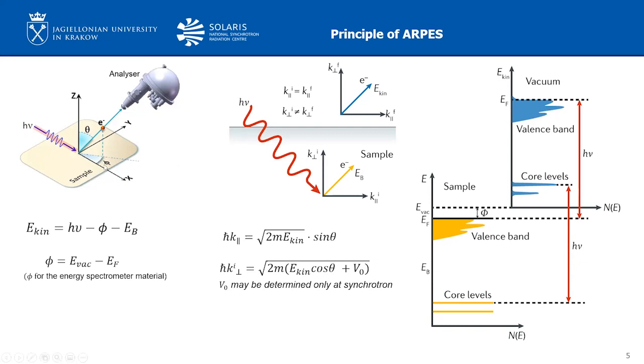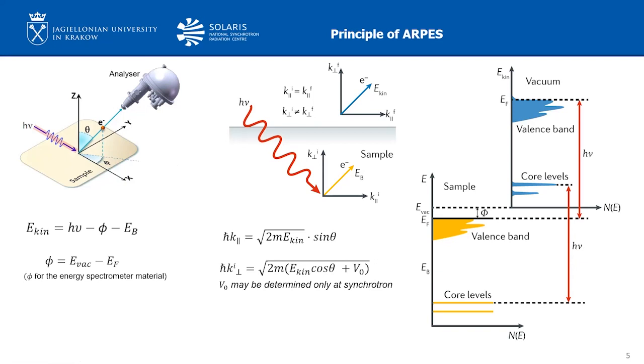Theta and phi are the emission angles of the photoelectron. For parallel components, the conservation laws are valid, provided that the relaxation time of the electron-hole pairs is much longer than the escape time of the photoelectrons, and the momentum of the photons is much smaller than the momentum of the photoelectrons.